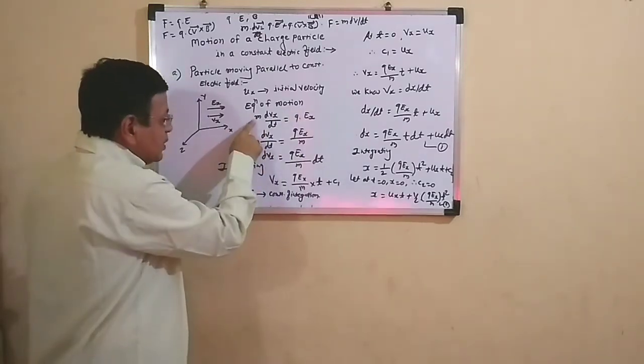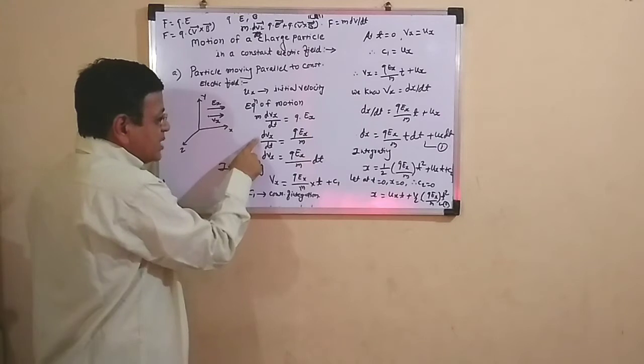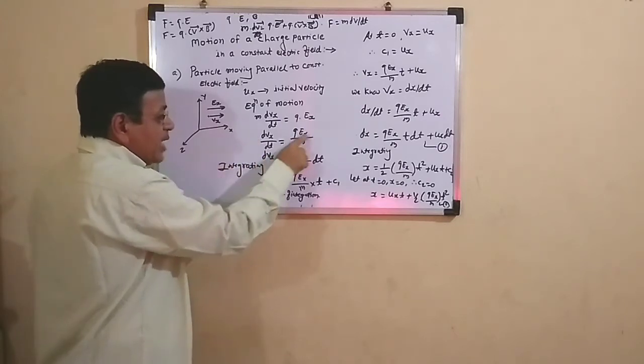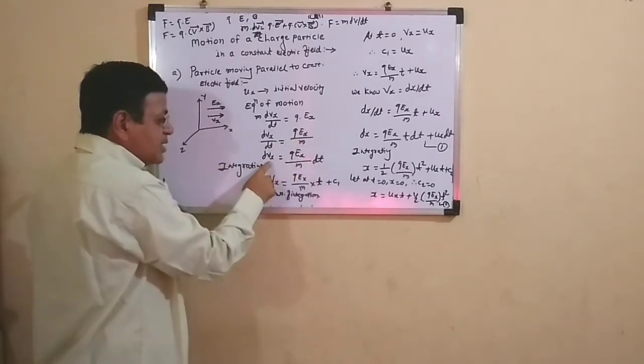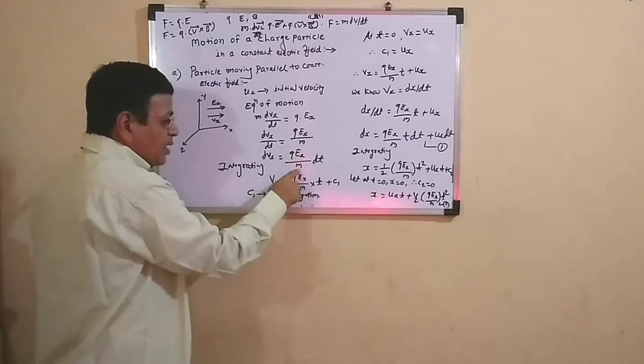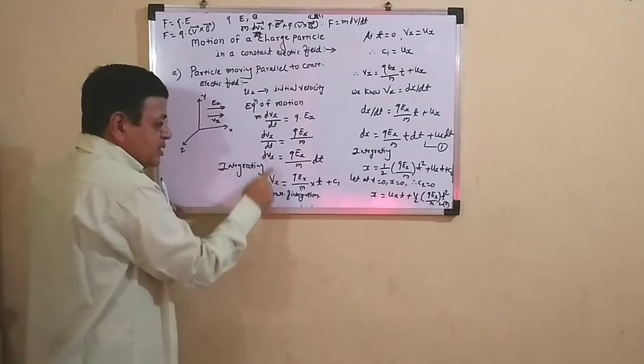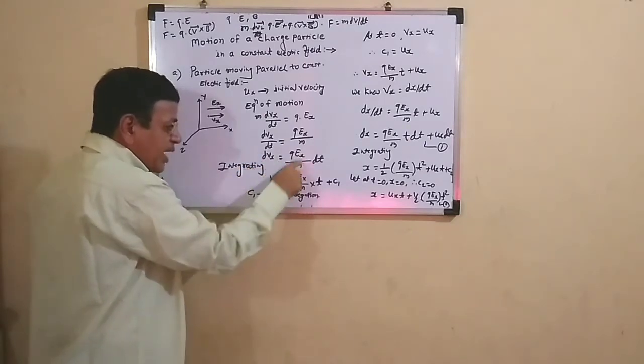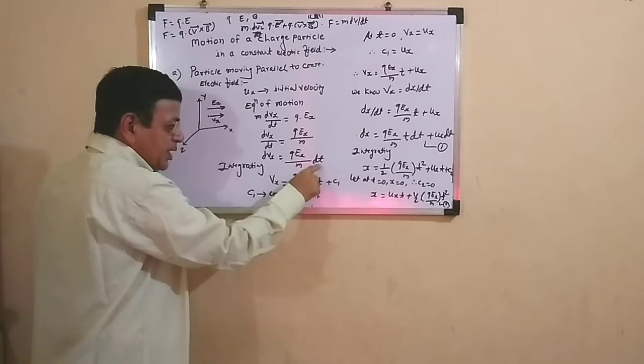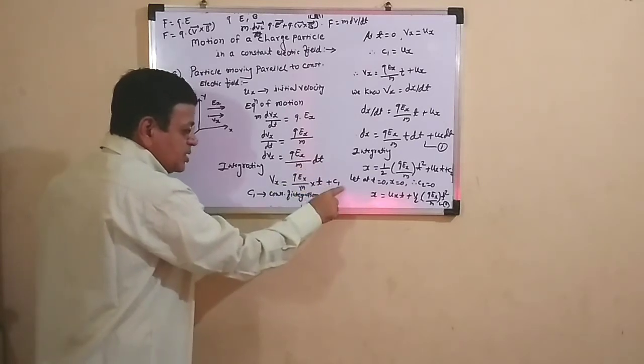So we transfer this m to this side. We get dVx by dt is equal to qEx upon m. So dVx is equal to qEx upon m into dt. We integrate that equation. Integration of dVx is Vx, so qEx upon m, integration of dt is t, plus a constant of integration c1.